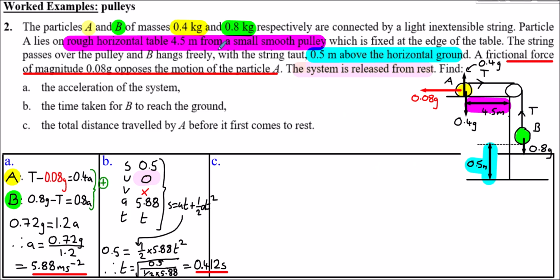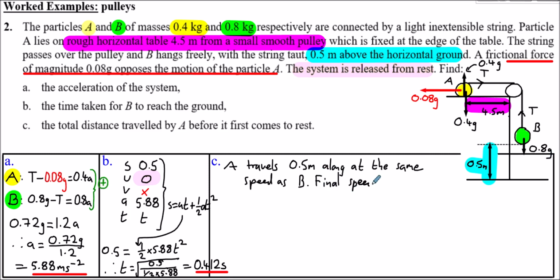What's going to happen here is A will travel 0.5 metres along at the same speed as B. So what we can do here, we can find out the final speed of B. I can do that using SUVAT.